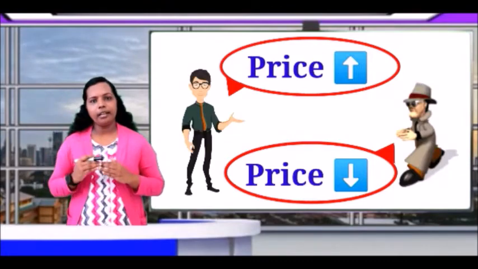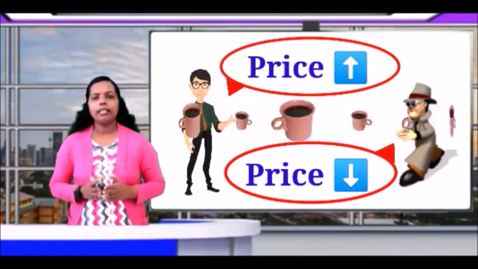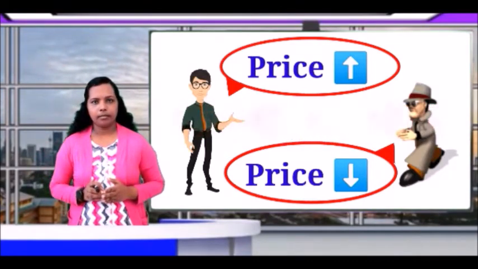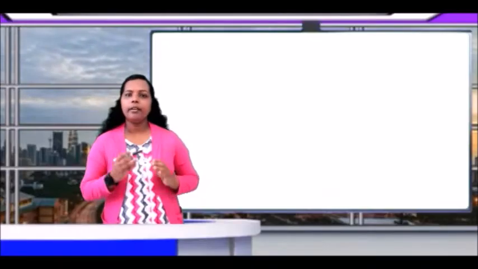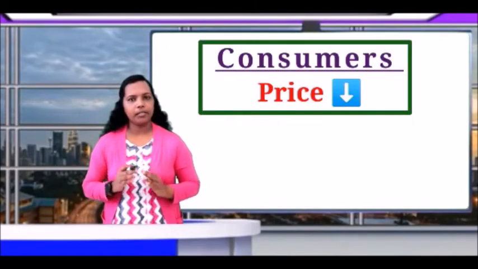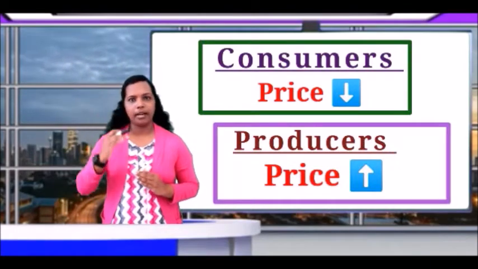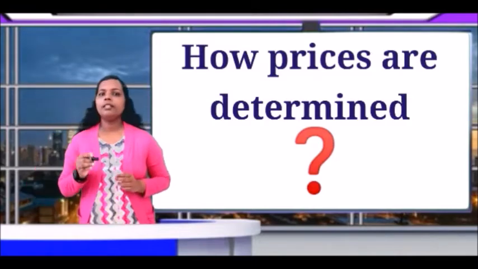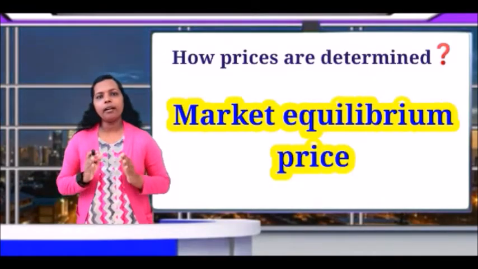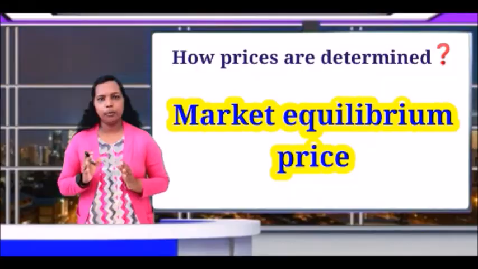When the coffee price increases, he offers more quantity of coffee to the market. On the other hand, Mr. Jack is a consumer, and he wants a lower price. So, when the price of coffee falls, he demands more quantity of coffee. So here, the consumer wants a lower price and the producer wants a higher price. How is the price of a product determined? This is where the concept of market equilibrium price comes into play.